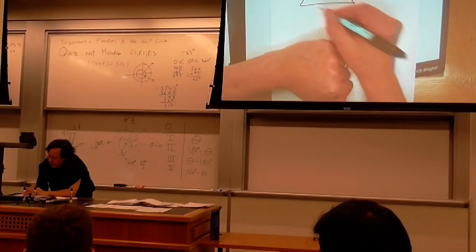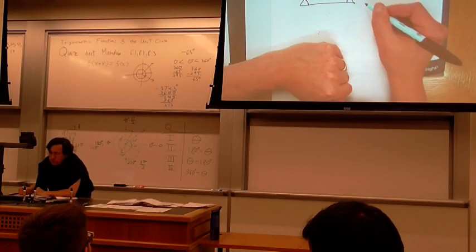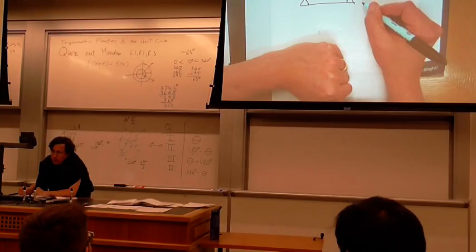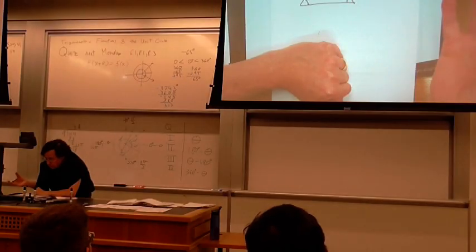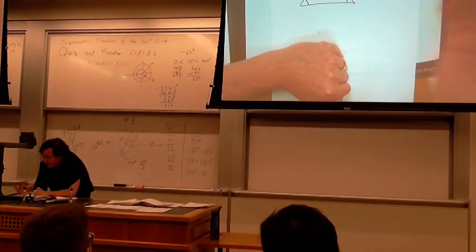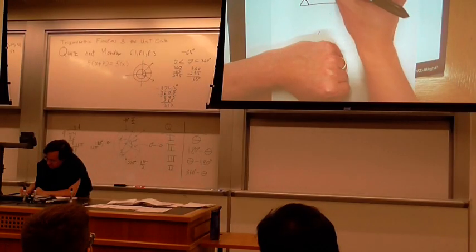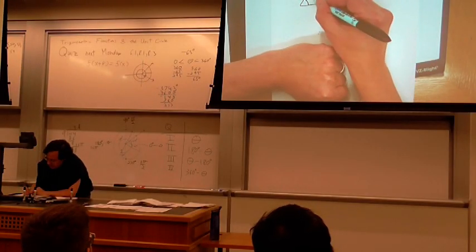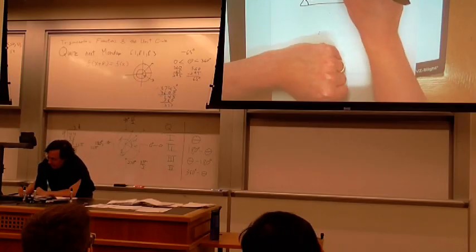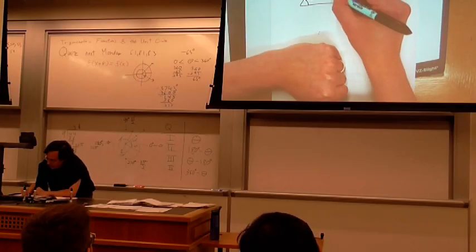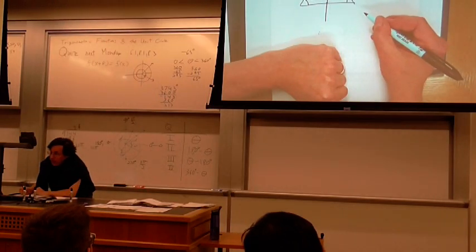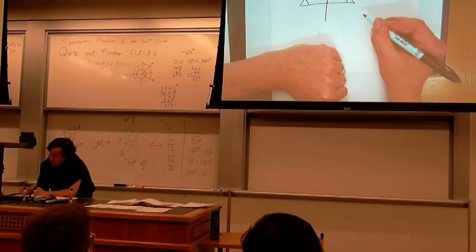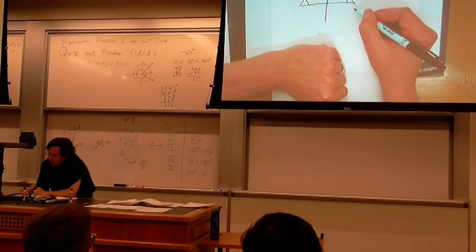And we know the angles are, for an equilateral triangle, they're all how many degrees? 60? Okay. We now drop a perpendicular from the apex to the base, which bisects this triangle into 2 triangles.